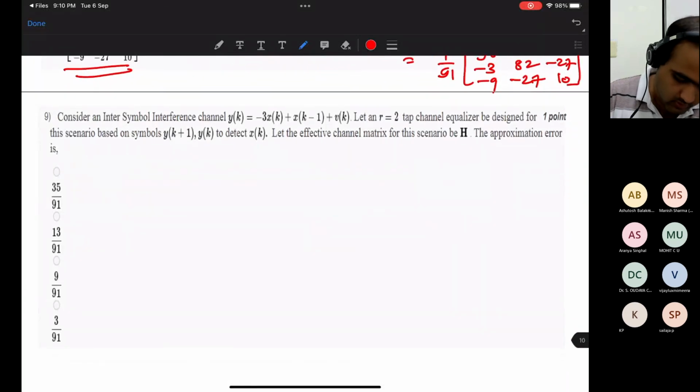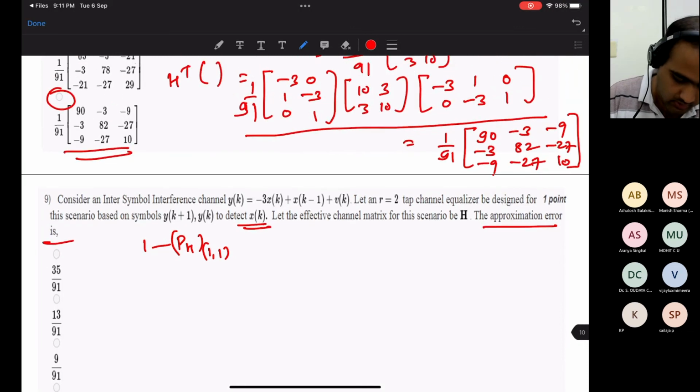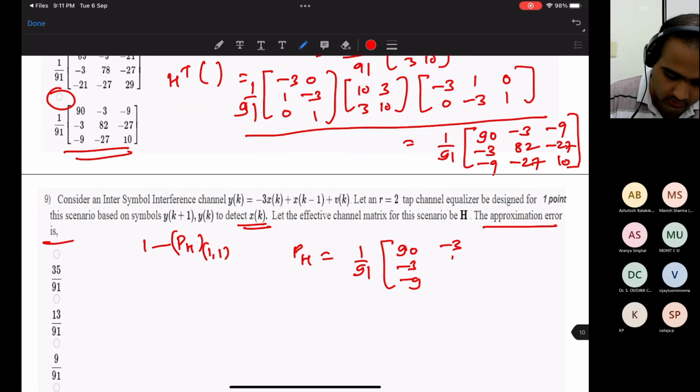So same question as above, and approximation error. All right. So what is approximation error? 1 minus the projection matrix, and we want to detect xk, so this is the 1 comma 1 element. What is the 1 comma 1 element in this projection matrix? Again, let me write the projection matrix. This is 1 by 91, 90, -3, -9, -3, 82, -27, -9, -27, 10.